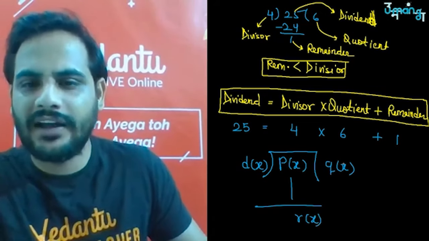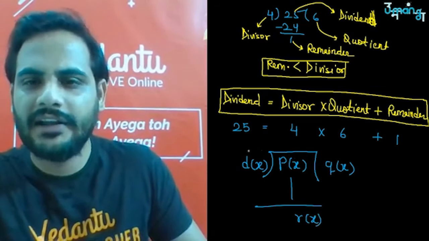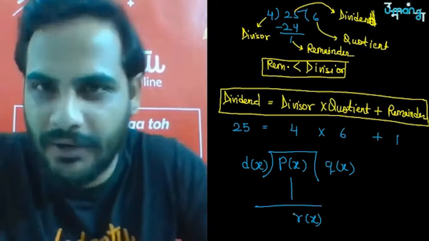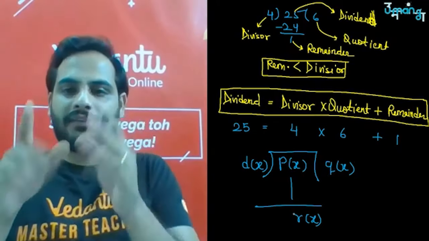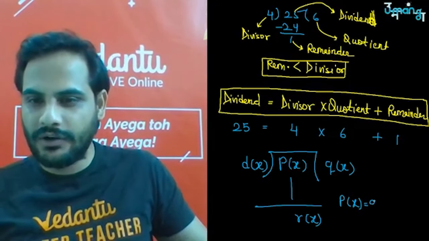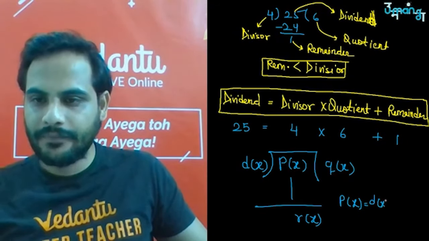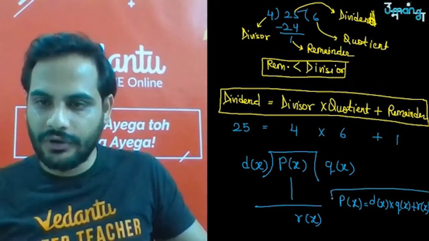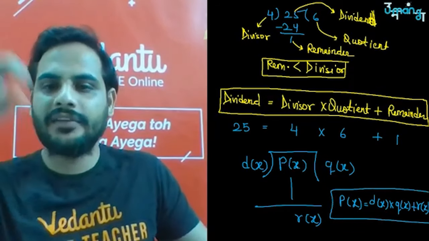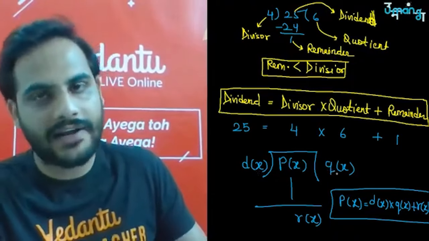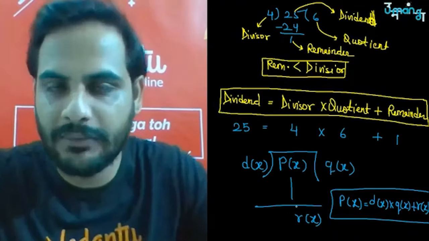All these are different polynomials. p(x) is the dividend, d(x) is your divisor, q(x) is your quotient, r(x) is your remainder. The same thing applies here as well: dividend is equal to divisor into quotient plus remainder. The bracket x means the polynomial is in the variable x; the divisor, quotient and remainder are also in the variable x.